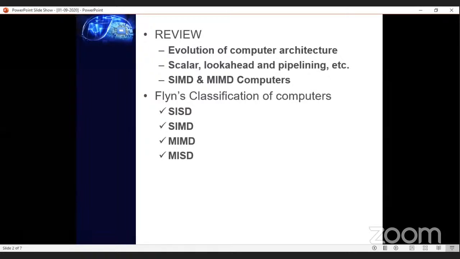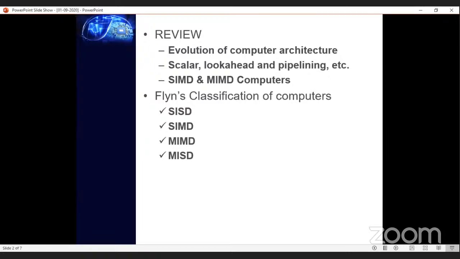Or the question might be asked as a split under 5 mark question, and even on 2 marks, you can expect definition questions like define SISD, what is SIMD computer, expand MIMD, what is MISD. Such questions are definitely asked in your examination.